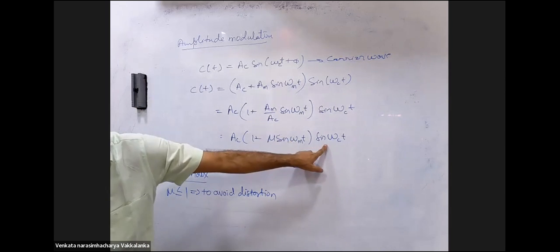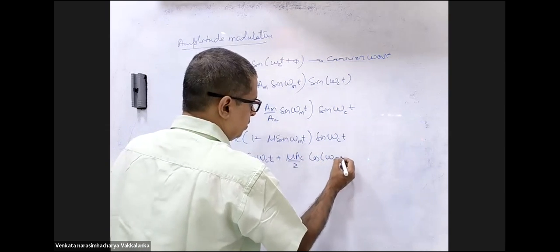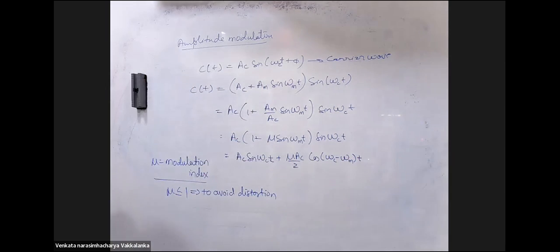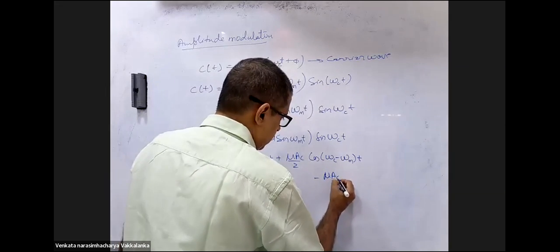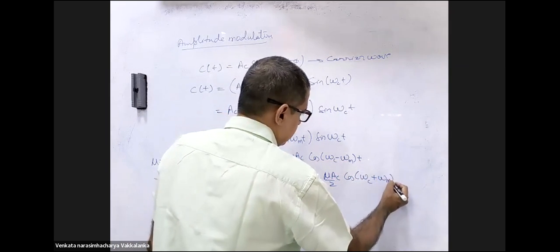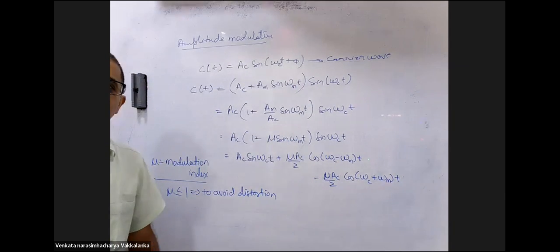Numerator will have 2 sine A sine B, which gives cos of omega_c minus omega_m into t, minus mu A_C by 2 cos of omega_c plus omega_m into t. I used the formula 2 sine A sine B equals cos of A minus B minus cos of A plus B. Fine with that?